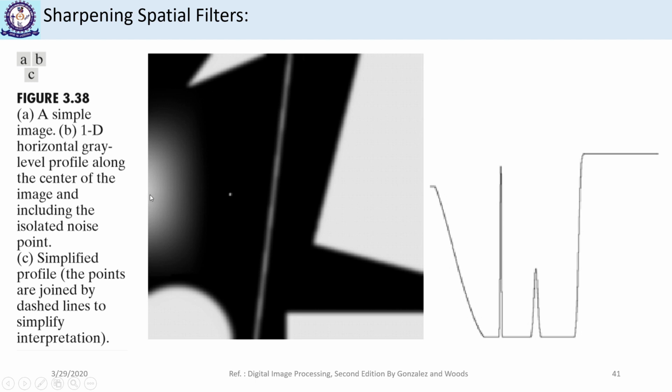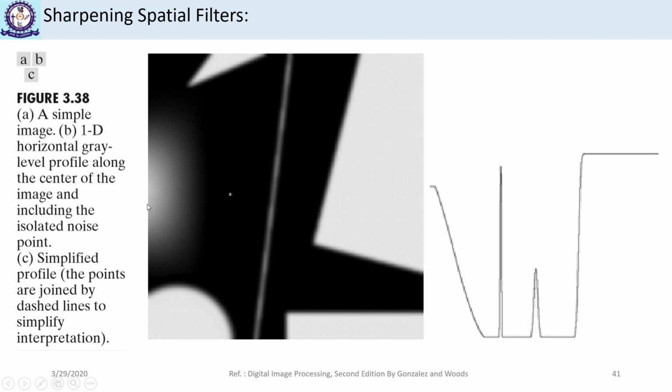It is slightly brighter, then it becomes darker, and here it is quite dark, and here we have a very small number of pixels which have high intensity, then it becomes dark again. Then here we have a line with slightly brighter pixels than the dark, then we again get darker pixels, and then here we have the white pixels, or the brightest pixels.